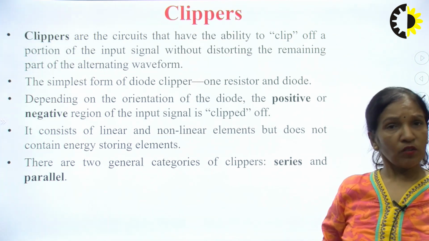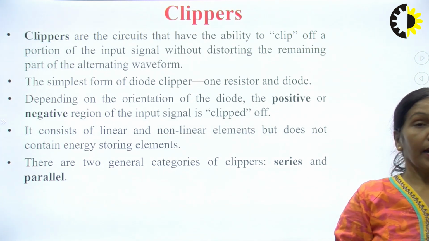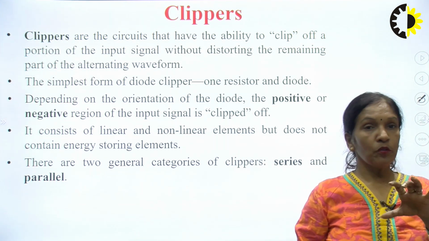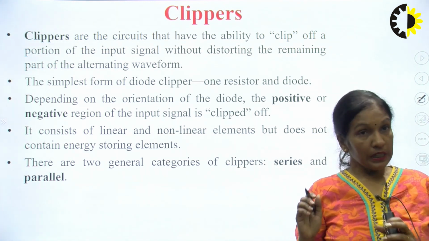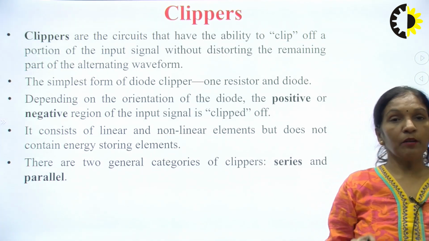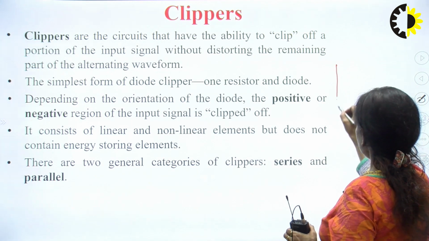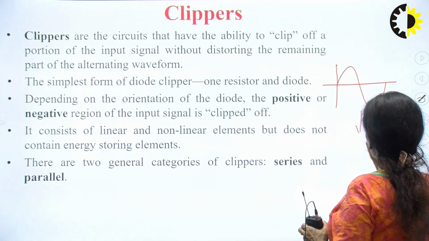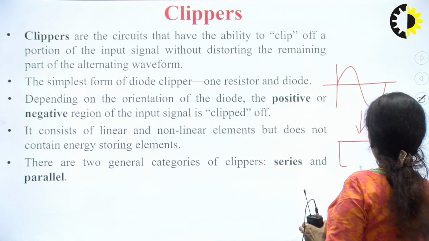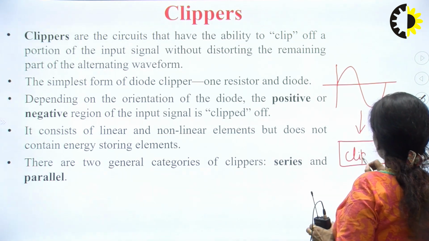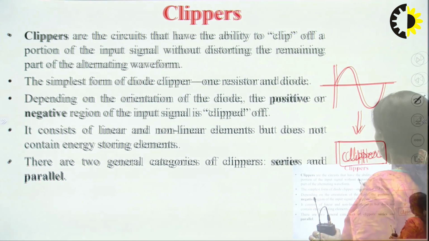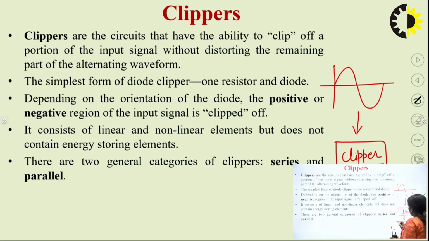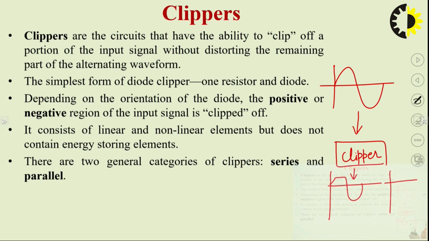So, clippers, what is a clipper? Clippers are the circuits that are able to clip off or remove a portion of the AC input signal without distorting the remaining portion of the signal. That means, if this is your input signal and you are passing it through some clipper circuit, then the output will be something where you may be able to clip off a portion of the positive or a portion of the negative half of the signal.